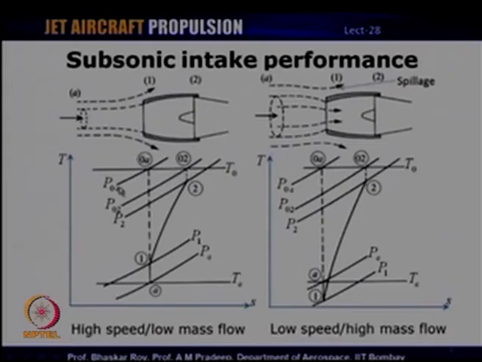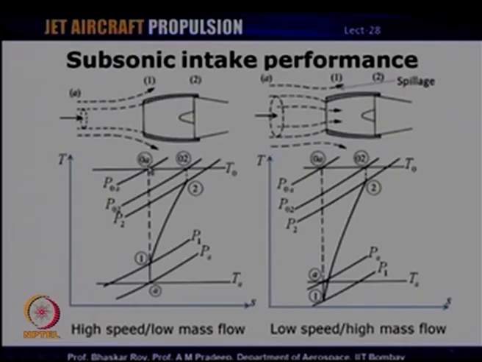P0A corresponds to the isentropic stagnation pressure that you would have got if there were no losses internally. P02 is the actual stagnation pressure that you get, because of the fact that there are frictional losses occurring internally. So, there is a difference between P0A and P02, and so we will subsequently define an efficiency which is based on this fact.